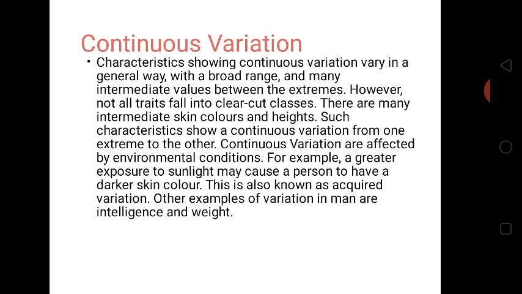In human blood groups, one can also belong to either group A or B or AB and O. There are no intermediate, no in-between traits that fall into it. So these things can be classified or grouped into two or more.